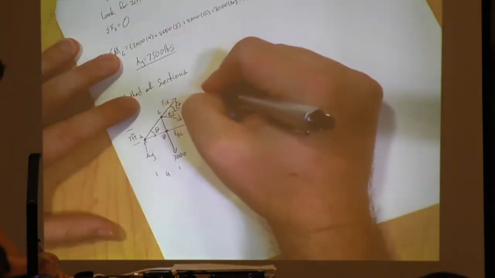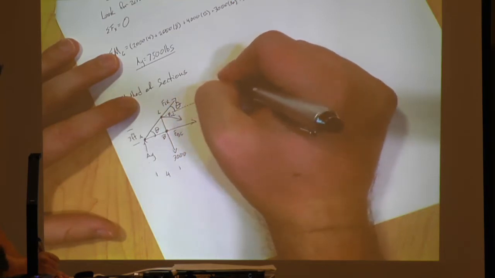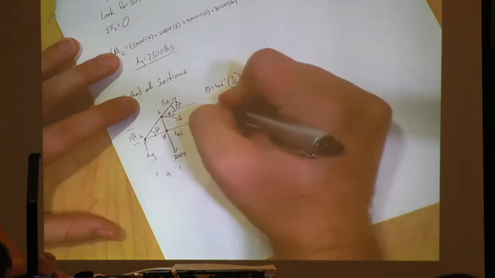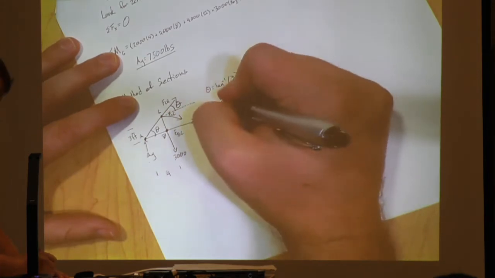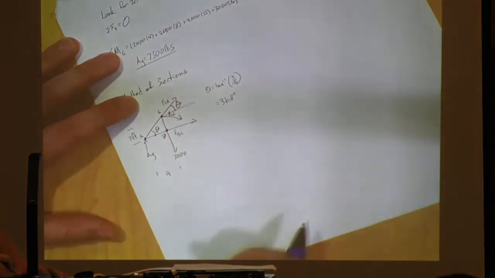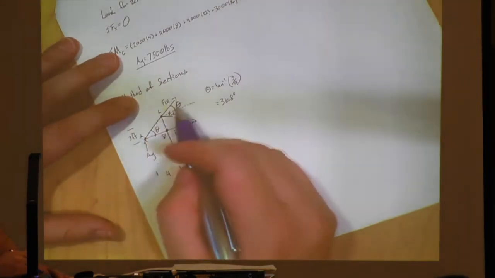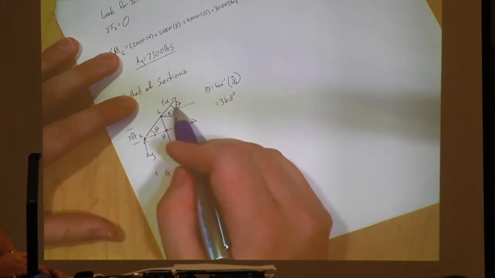So theta is going to equal the inverse tan of what? Which is going to be about 36.8 degrees. So we have that angle there, and that makes that angle 36.8. Does everybody see that? Does anybody have any confusion how I could drag that angle up there without calculating?